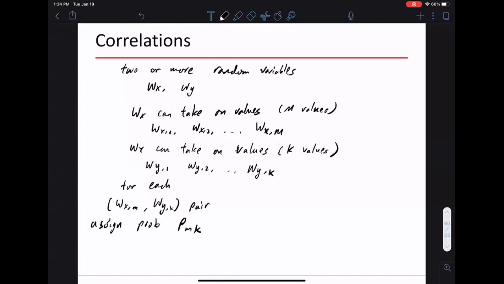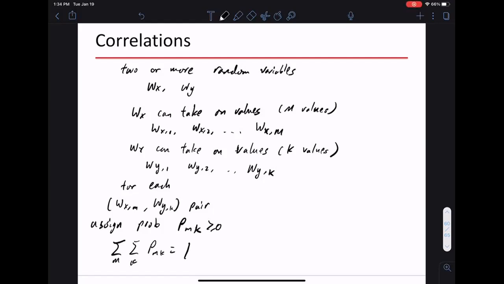For any pair of values that is possible, I assign some probability. The requirement is that this has to be larger than or equal to 0, and the double summation over m and over k needs to be 1. These are the possibilities you can take.